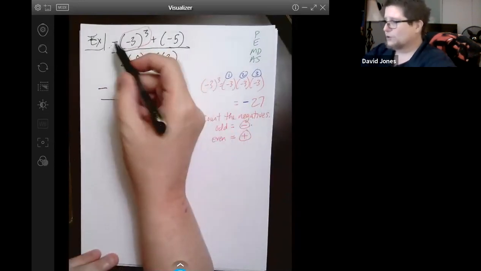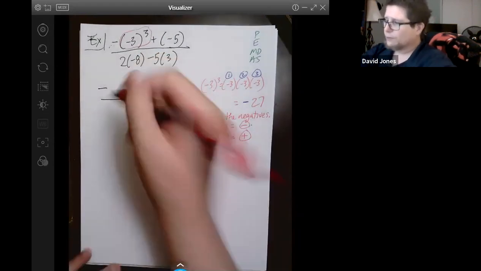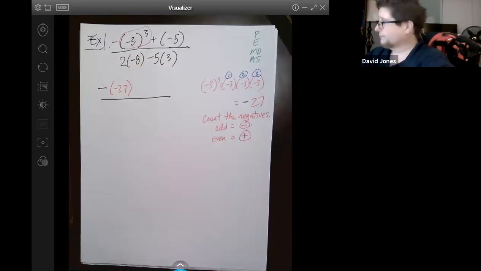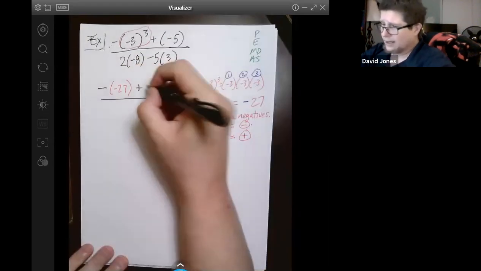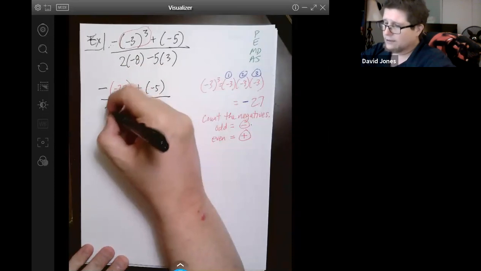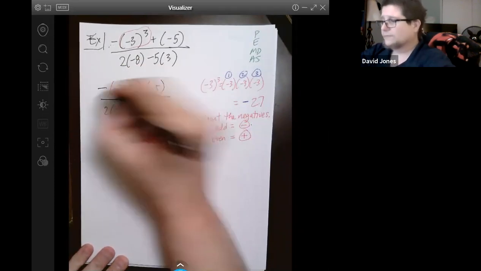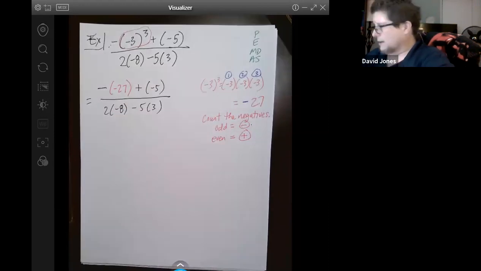That one I didn't deal with. Just addressing the parentheses is negative 27. And then I'm going to do the rest, just leaving it as is. That covers the exponent phase.